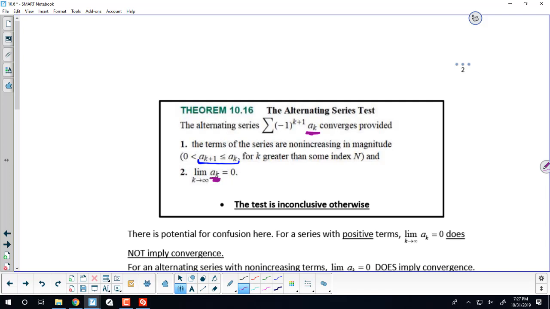Because the reason this is not the divergence test in condition 2 is simply because you're not testing that entire series, -1 to the k plus 1 a sub k. That would be the divergence test.